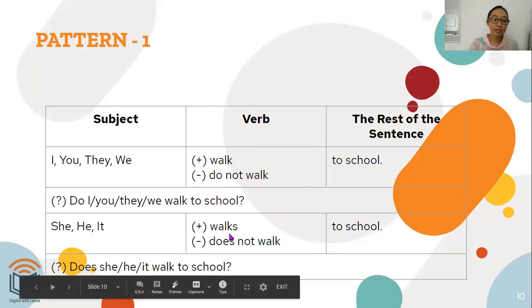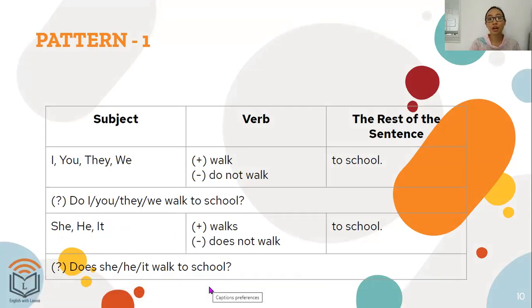Now, what about other subjects? Other subjects like he, she, or it. Okay. He, she, or it. If you have he, she, or it, then the verb, you add the verb with s or es.